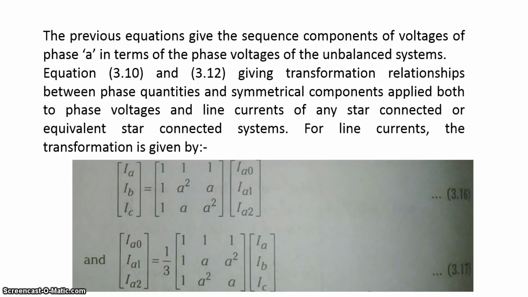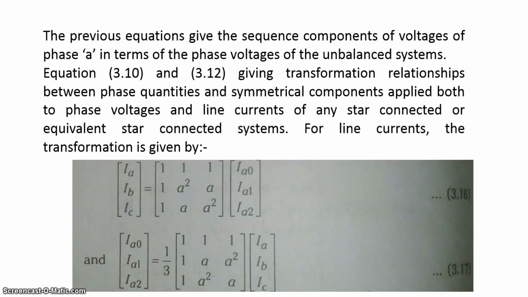For line currents, the transformation is given by matrix IA IB IC equals 1 1 1, 1 A square A, 1 A A square, into matrix IA0 IA1 IA2, and IA0 IA1 IA2 equals 1/3 of 1 1 1, 1 A A square, 1 A square A, multiplied by IA IB IC.